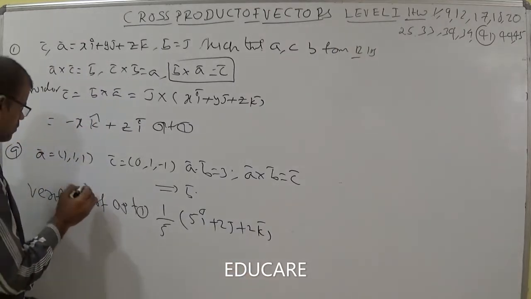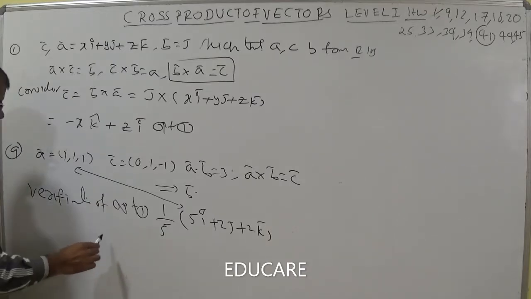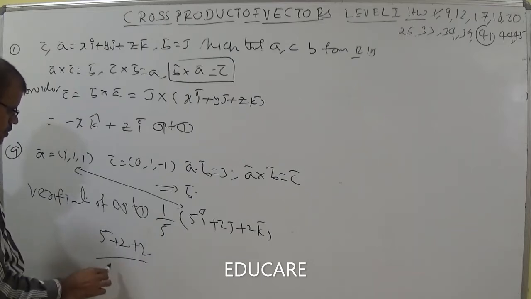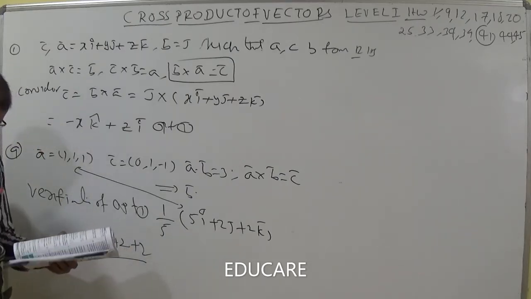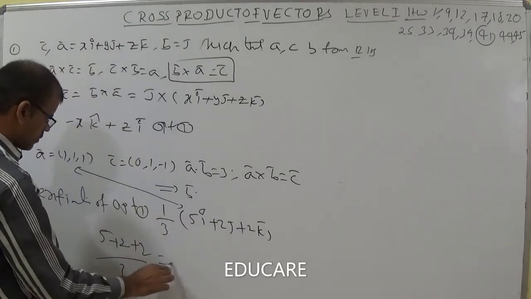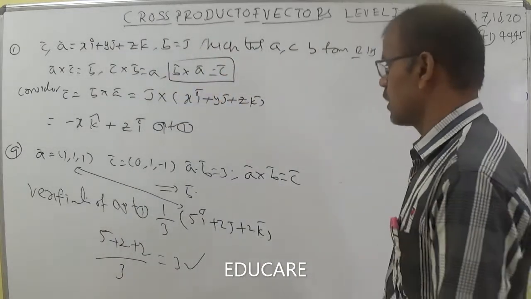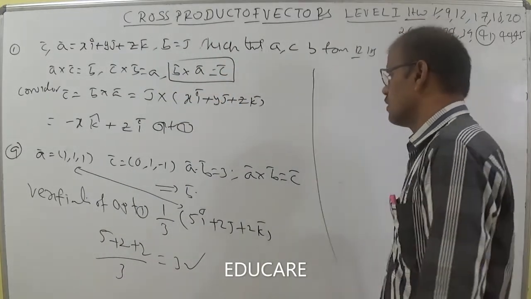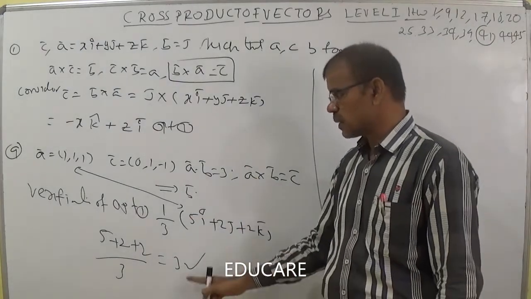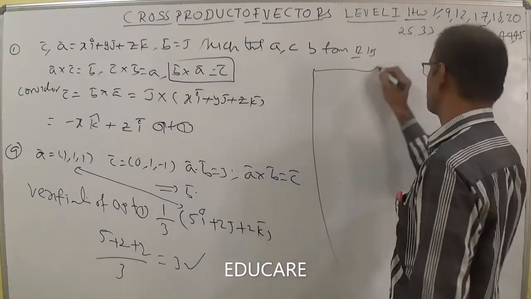So A dot B is equal to 3, so you can write 5 plus 2 plus 2 over 3. 5 plus 2 is 7, plus 2 is 9, divided by 3 is 3, that's all. If you have any doubt, the second and third options can also be verified, and you can do it using A cross B is equal to C. Using this, calculate the cross product for the options, and you will get the first option only.